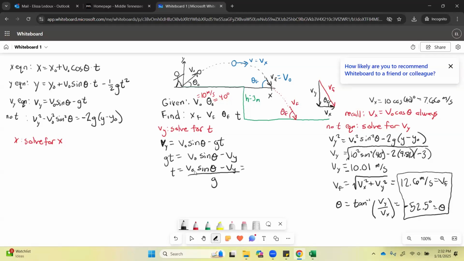To plug numbers into this, we have the V initial sine theta, so 10 sine of 40 degrees, and this is going up. And then minus the Vy, and this Vy is negative 10.01. So we have minus and negative, which becomes a positive 10.